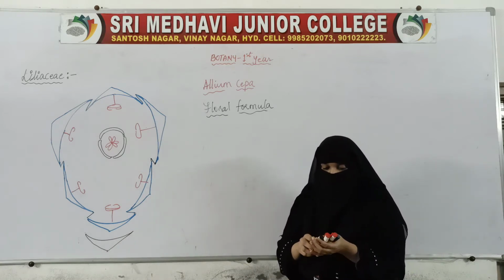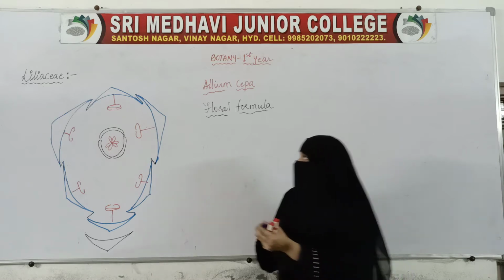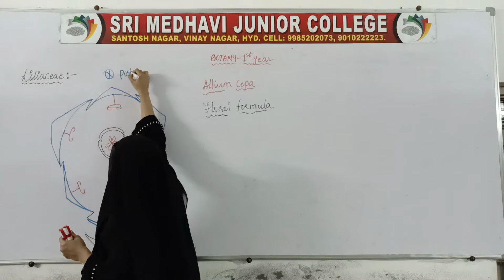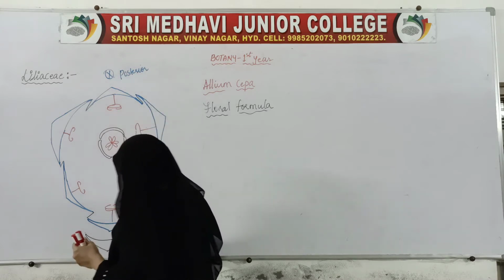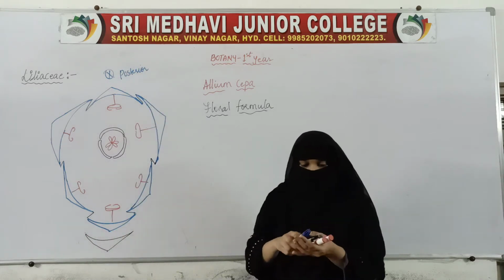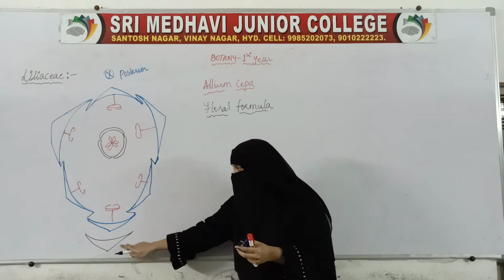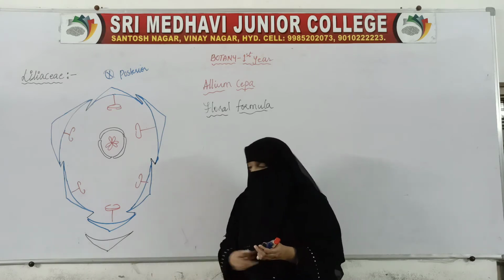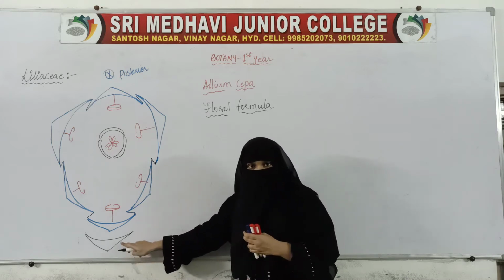First, we will always mention this is the mother axis, which is the posterior side, and this is the anterior side. And here at this anterior side, we have the bract. This is the representation.